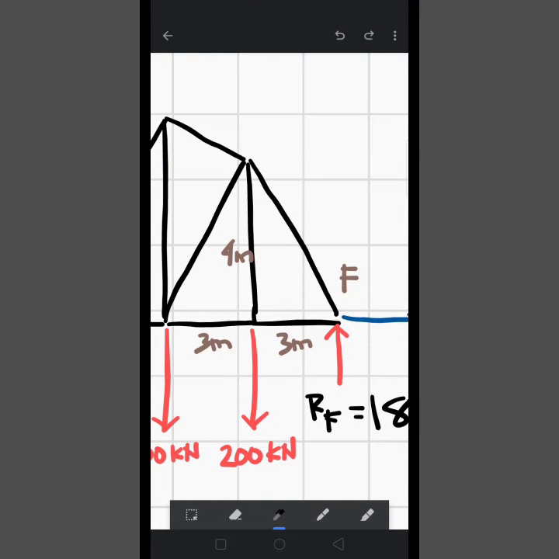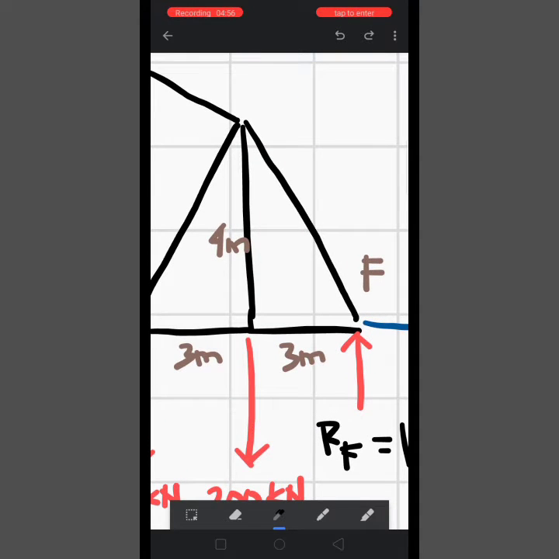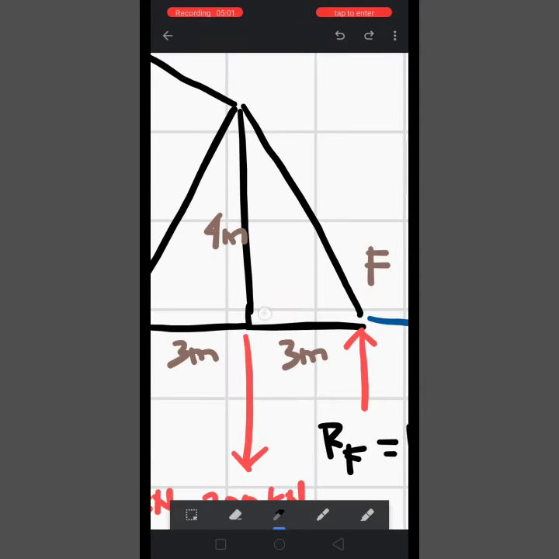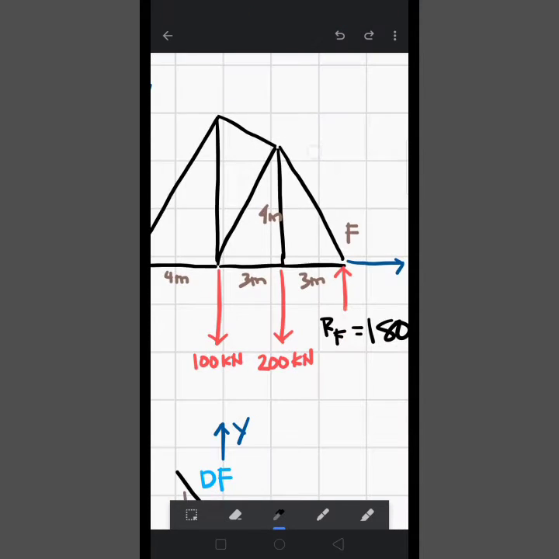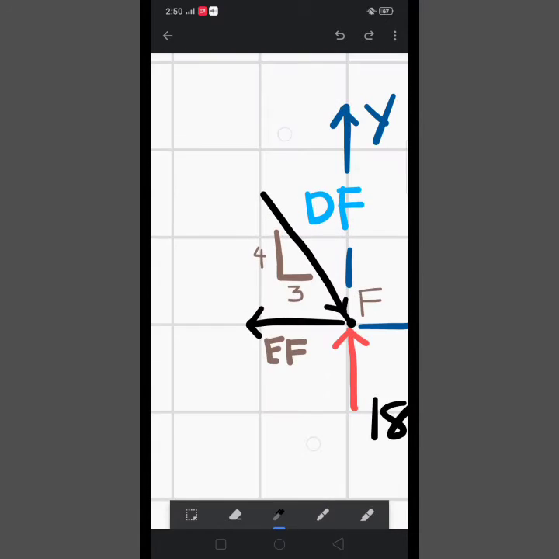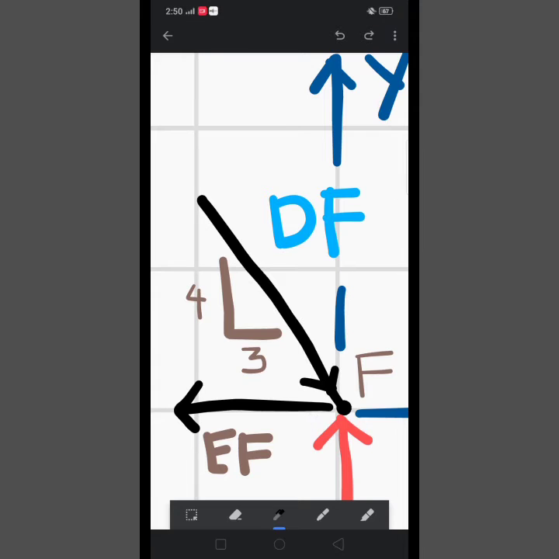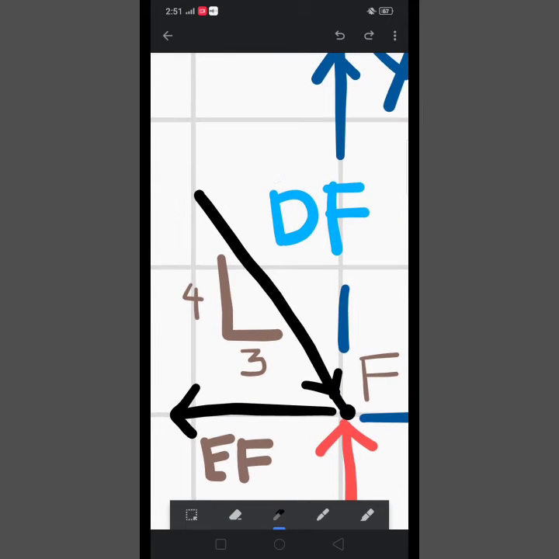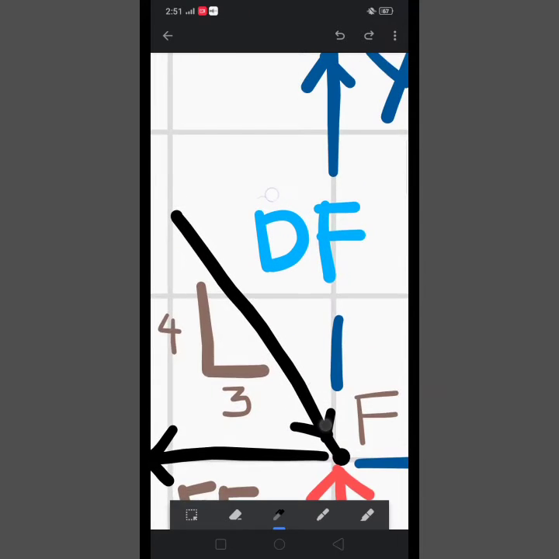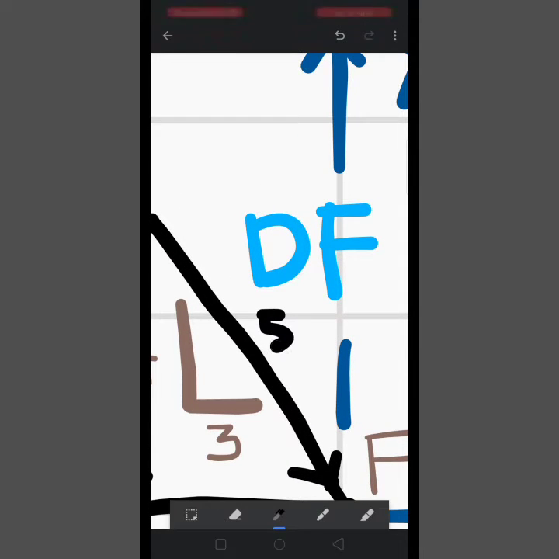If the height from this to this is 4, that would be the rise of DF, and 3 would be the run. So that's why there is 4, 3 as the slope there. And if we take the square of both 4 and 3, add together and take the square root, in other words the Pythagorean theorem, this side would be 5.